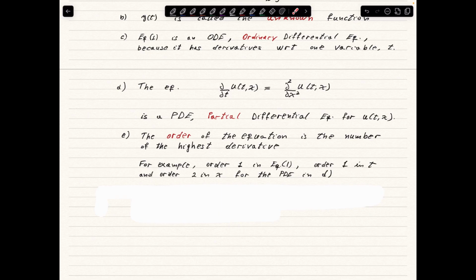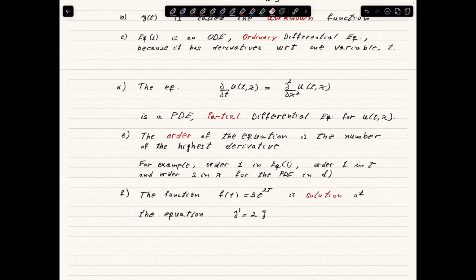So another definition we are going to need is what is a solution of a differential equation. Well, a solution of the differential equation is any function that satisfies the equation. For example, this function here, 3 exponential 2t, is actually a solution of this differential equation.